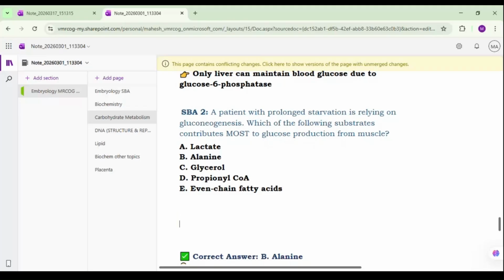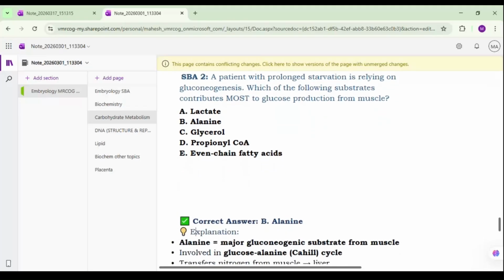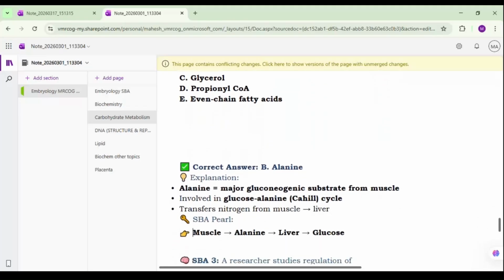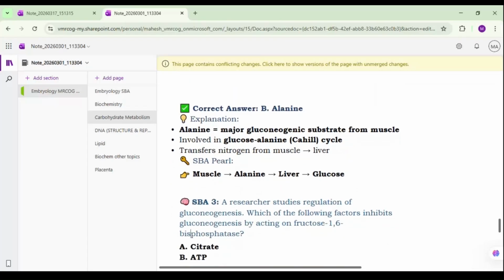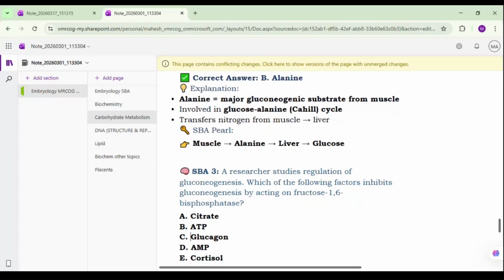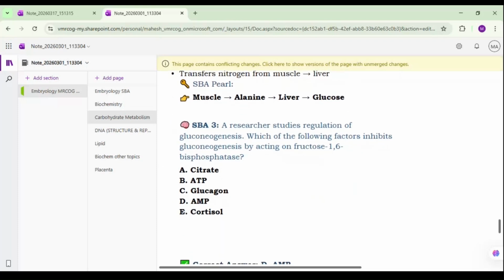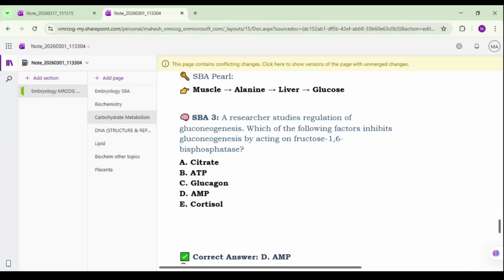Yes, alanine. So alanine is the major gluconeogenic substrate from the muscle. It is involved in the glucose alanine or Cahill cycle, which transfers nitrogen from the muscle to the liver. Alanine goes to the liver and it produces the glucose.